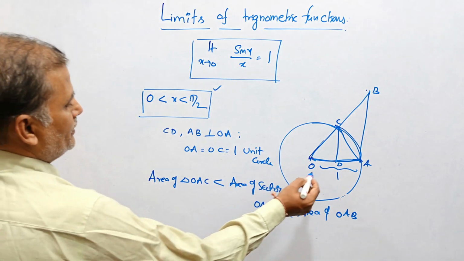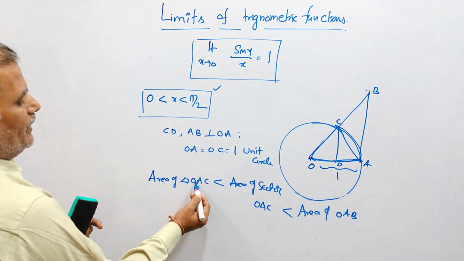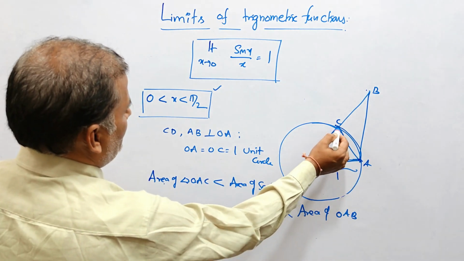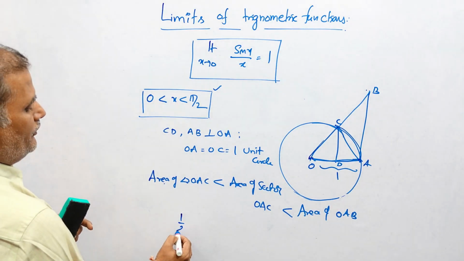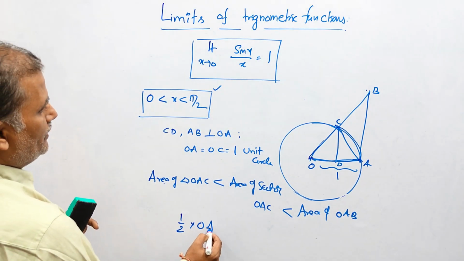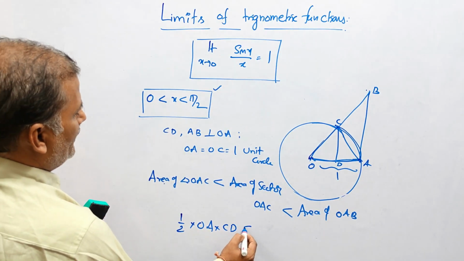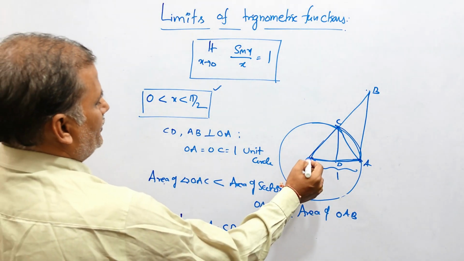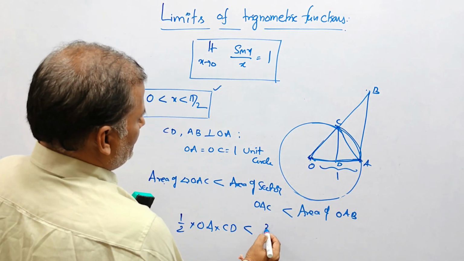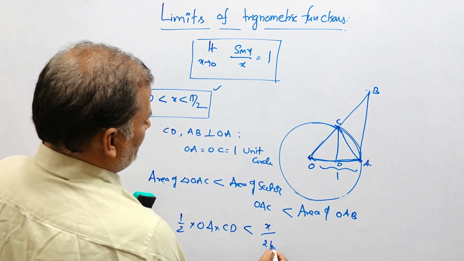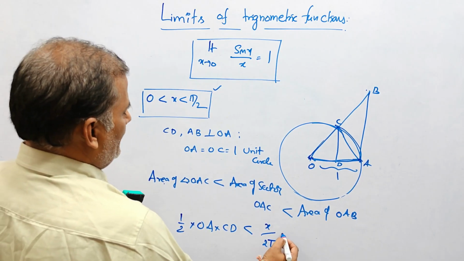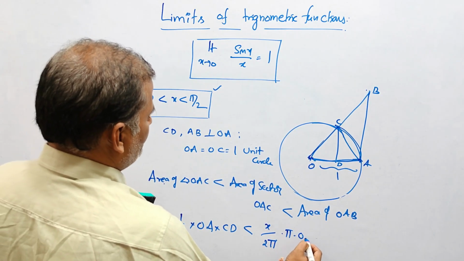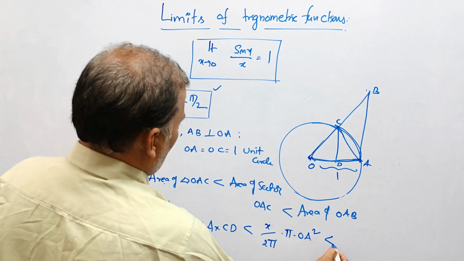By observing triangle OAC, we know its area is half into base into height. And area of sector formula, x by 360 into pi r square, that is OA square.